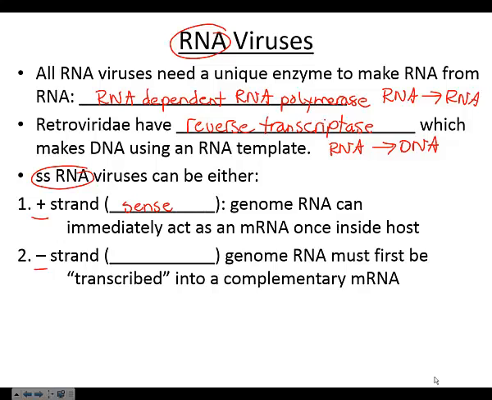Minus-strand viruses, on the other hand, are known as antisense viruses because their genome RNA must first be transcribed into a complementary messenger RNA before being subsequently translated into viral proteins. Phew! RNA viruses are very complicated.